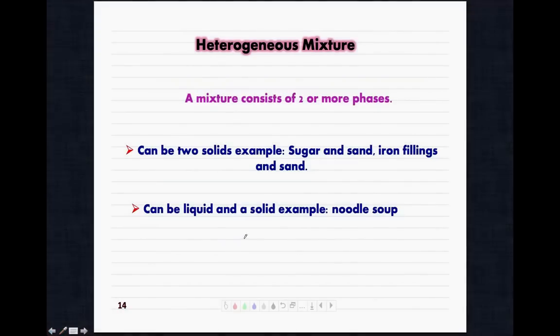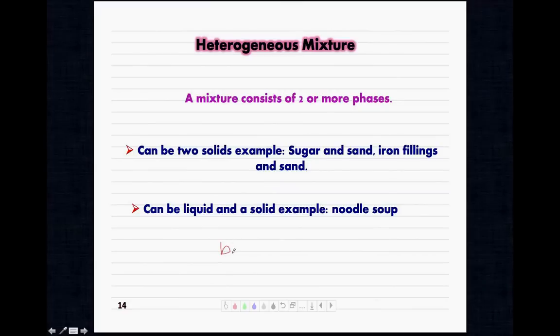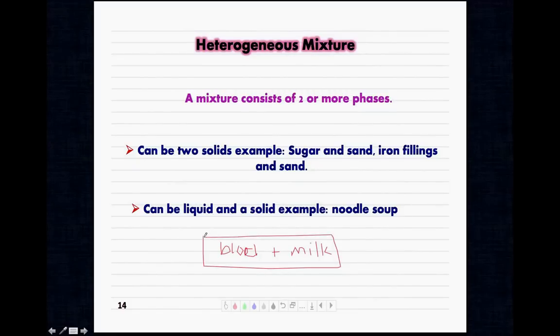This is why milk and the blood, although they look for the first moment as one phase, are considered heterogeneous mixtures. This is how we define it, because when we put it in the light path, we're gonna see the particles suspended, not totally dissolved in the mixture. So these are the only two exceptions that you're gonna hear about, where if you look at it, it's not obvious that it is a heterogeneous mixture. Okay.